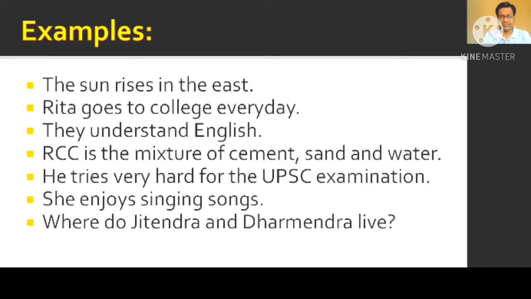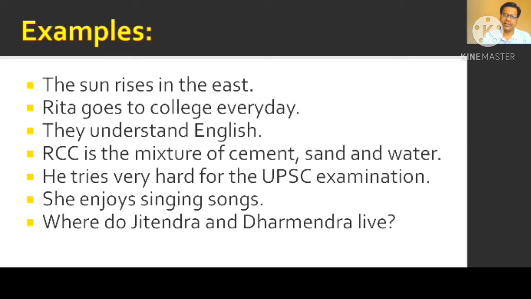The sun, of course, it is about the universal truth. I use the article because as we know and as we are part of a solar system, there is only one sun. That's why the sun. Since the sun is the third person singular number, I used the S form of the verb rise.